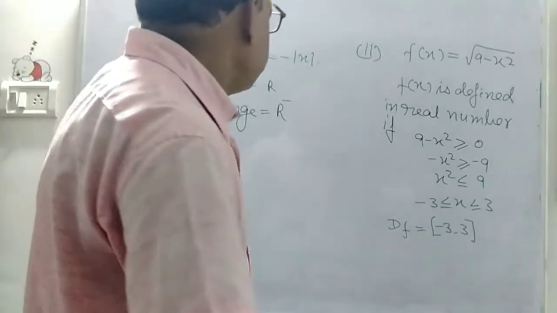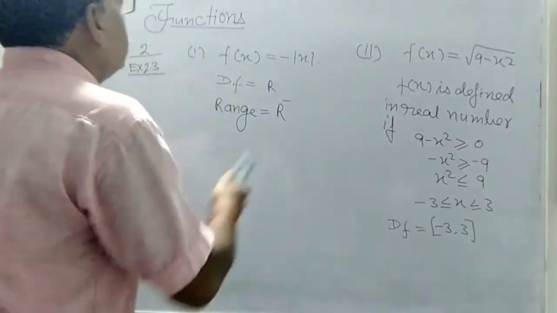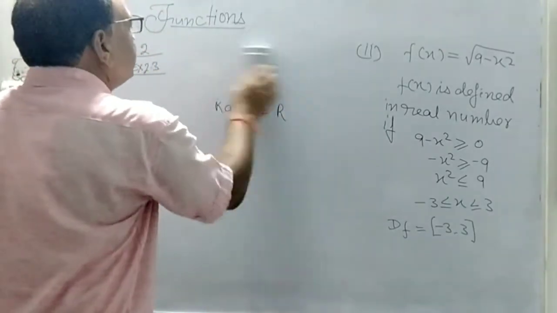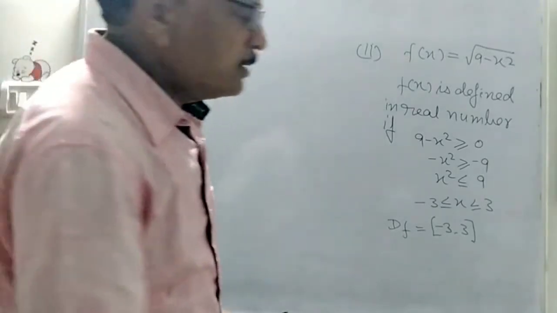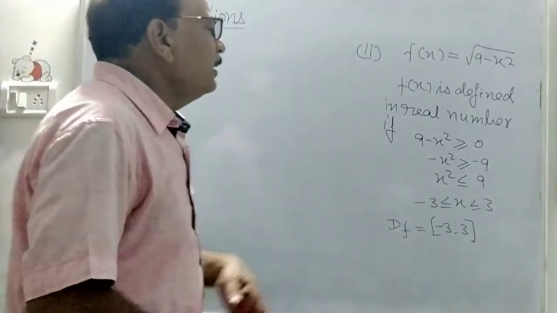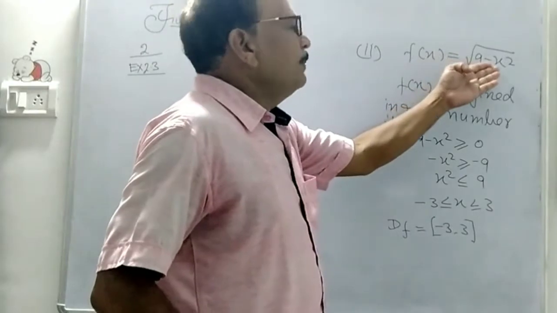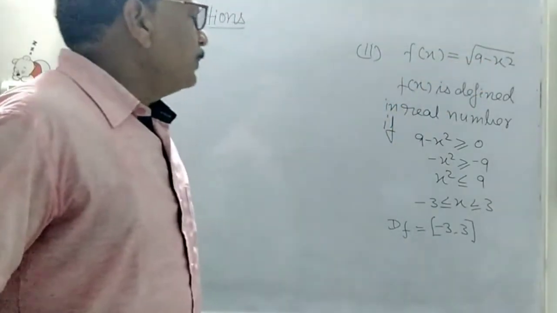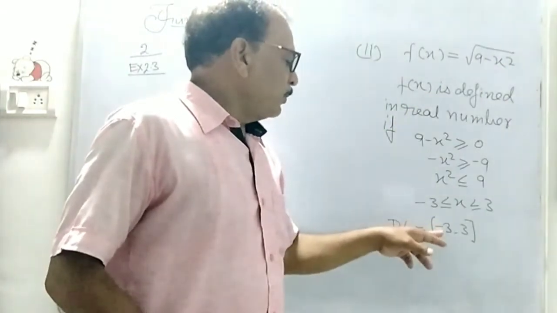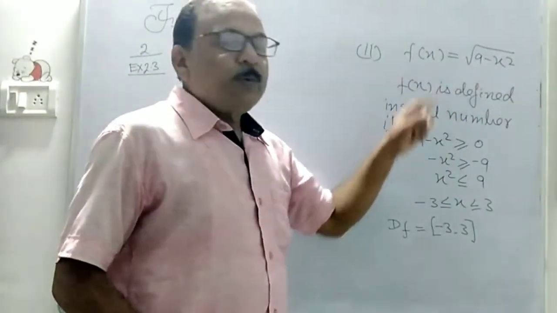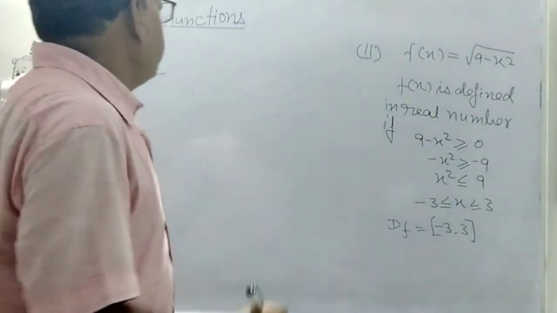So now let us see what the range of this second function is. The domain of this is minus 3 to 3.